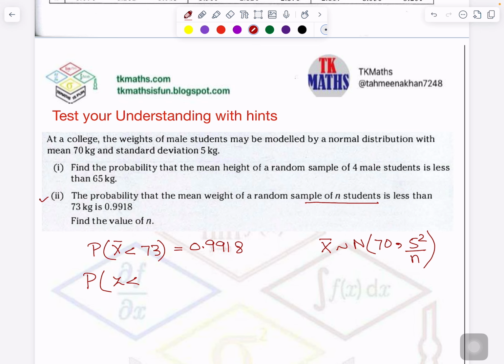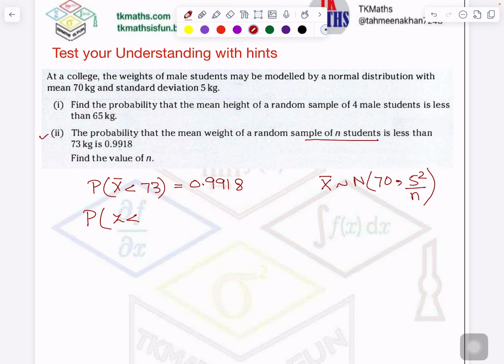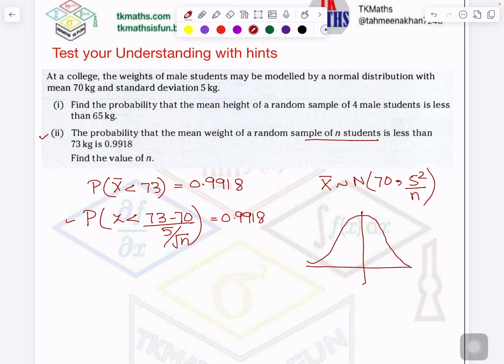And I will tell you the common mistake students make here. I don't know if you are making it in your notebook right now or not. You can notice I am writing all the symbols and everything. Okay, now what is the meaning of this? If I see in the diagram of the bell shape, this symbol is very, very important.